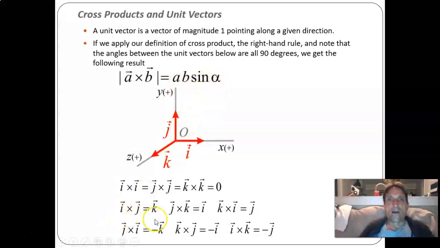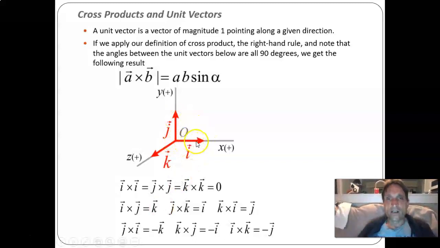Okay? The direction is given by the right-hand rule. You take your fingers and you point them along the x direction with your palm along the y direction, and you curl your fingers from x to y, and your thumb points along the plus z direction, which is k. So I cross j is k.